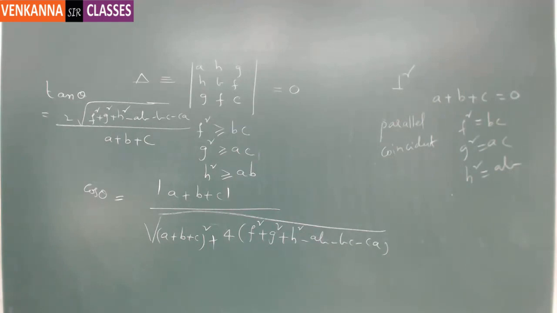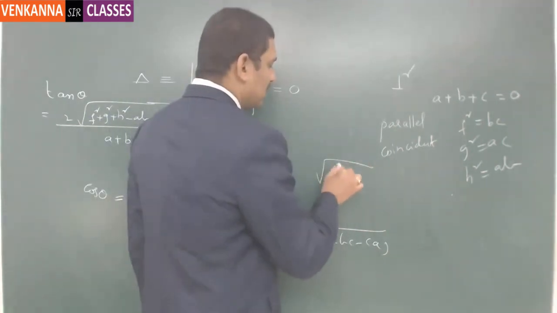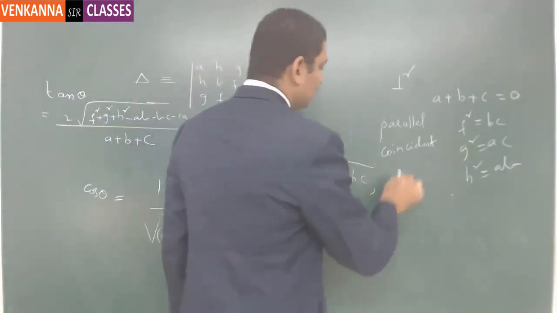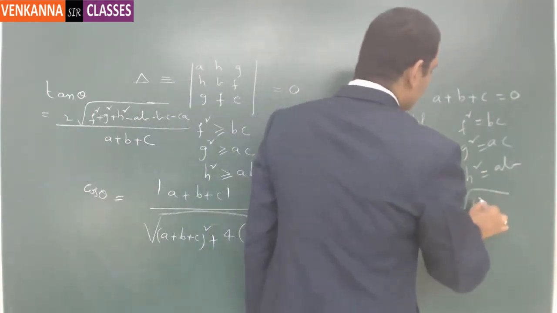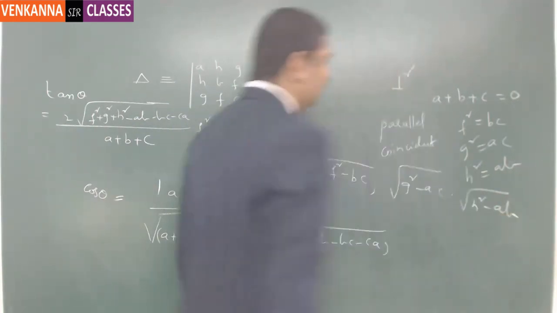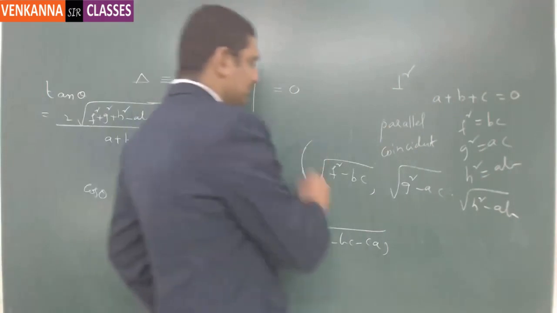As we know, the intersection of two planes is nothing but a line. So the direction ratios of that line are given by square root of f square minus bc, g square minus ca, and h square minus ab. These are the direction ratios of that line of intersection. Right? You take a note of that.